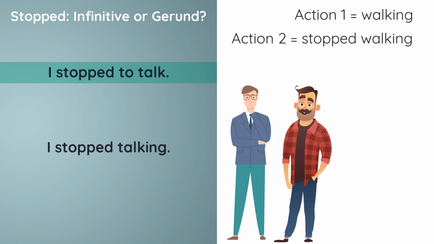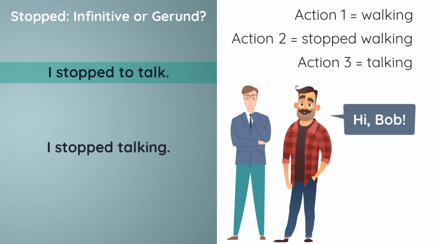So I stop walking. And third action, I say, "Hi Bob." So I talk. Okay, so when you stop to do something, it's more than a single action. You're doing something, you stop what you're doing, and then you do the second action. Okay, so we'll go over some more examples with this.